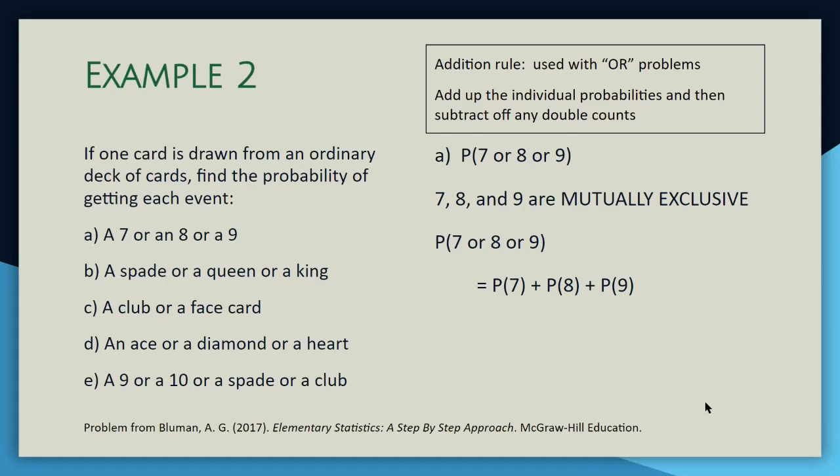Probability of 7 plus probability of 8 plus probability of 9. Well, there's 4 7s in each deck, 4 8s, and 4 9s. And I know that there's 52 cards in a standard deck of playing cards. So 4 plus 4 plus 4 is 12. This is going to be 12 out of 52, or 0.2308.